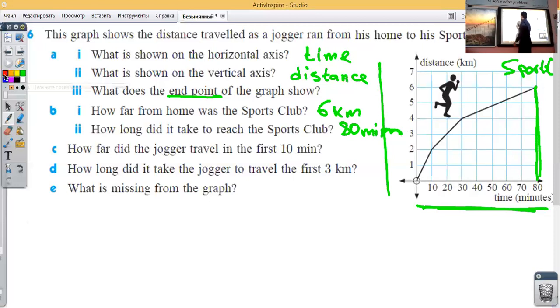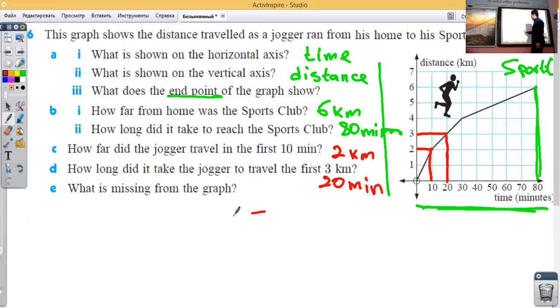Now, question C, how far did the jogger travel in the first 10 minutes? In the first 10 minutes, it is next to 2. So, it traveled 2 kilometers. How long did it take the jogger to travel the first 3 kilometers? 3 kilometers, it's about the 20, so it took 20 minutes.